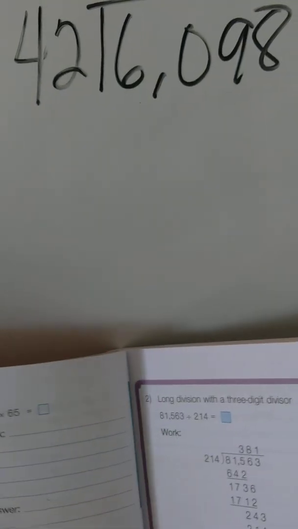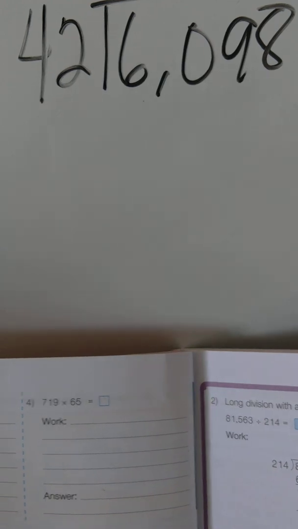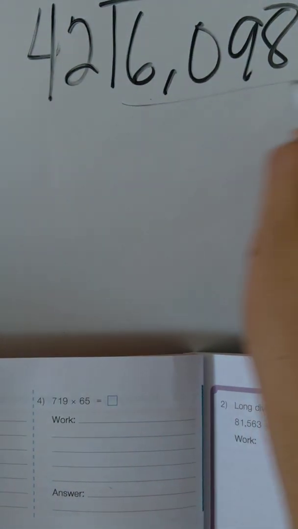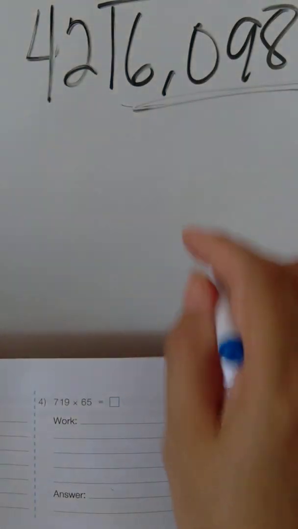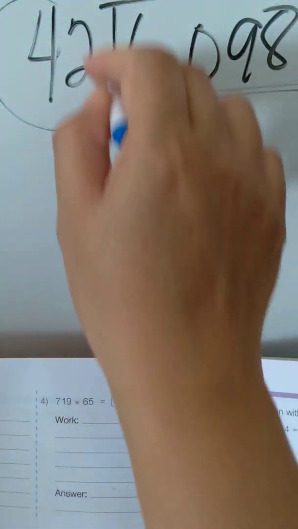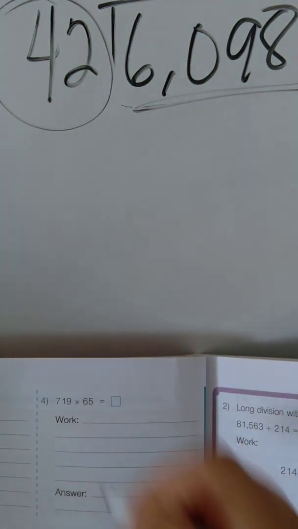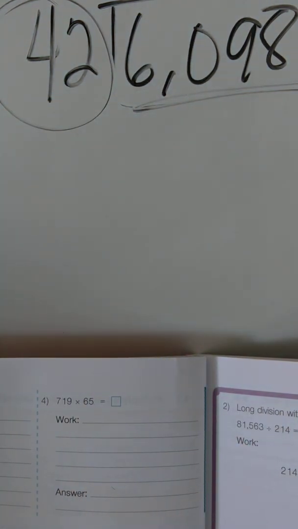So this is the dividend, and this is the divisor, 42. The dividend is 6,098 and the divisor is 42.